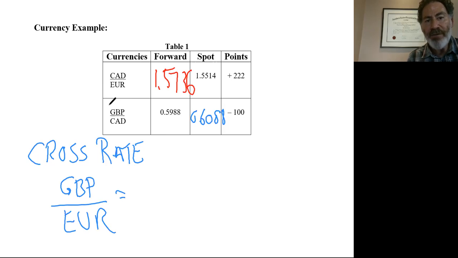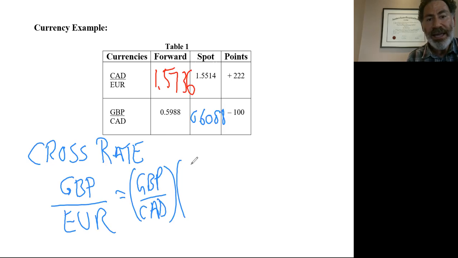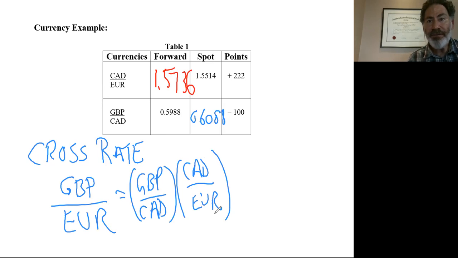I've got British pound over CAD, and I'm going to multiply that by CAD over euro. These are the quotations that are given, and I can see from the math that the CAD will cancel each other out, and it will leave me with British pound per euro.